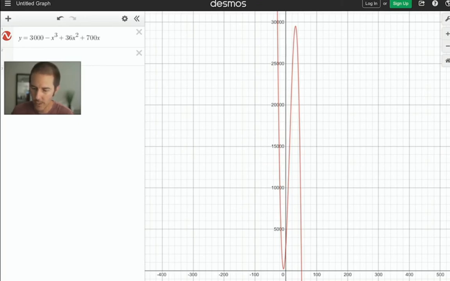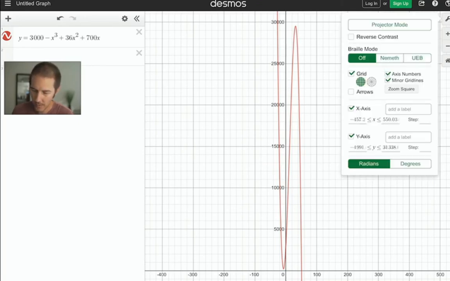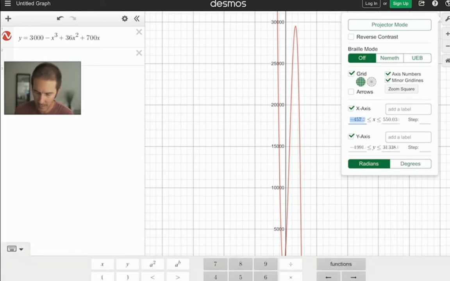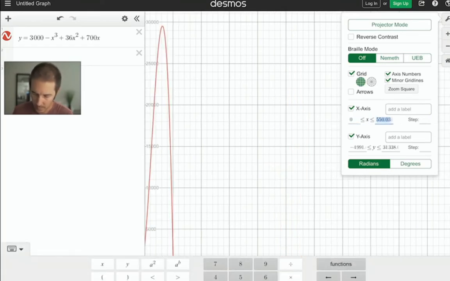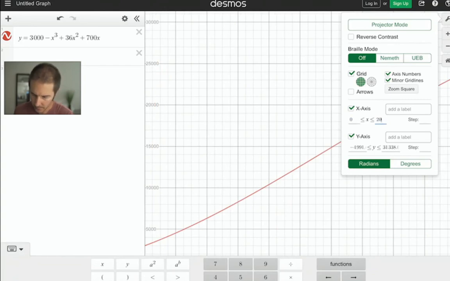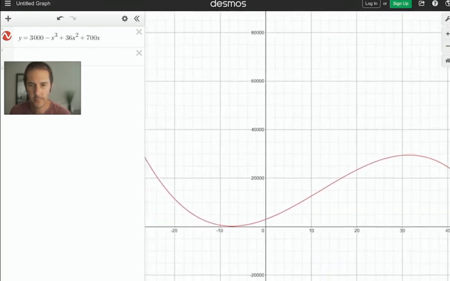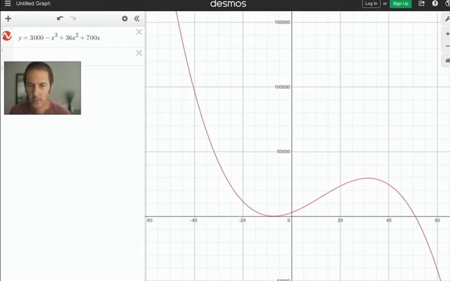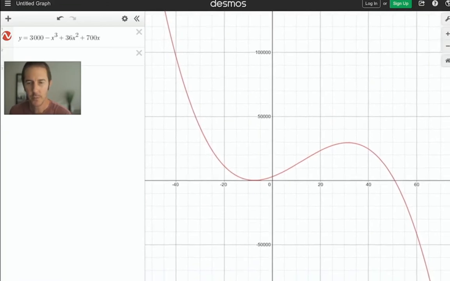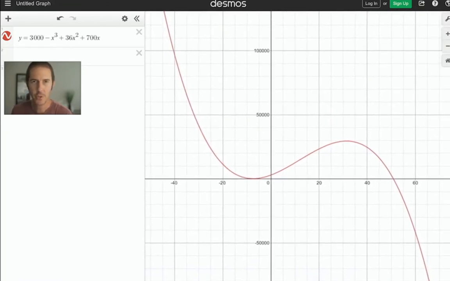I'm going to click on this wrench again in the top right corner, and I'm going to change my x values again to go from 0 to 20. Enter. Oh. All right, so you see what's happening to the shape of this graph? It's the same graph, I'm just changing the scale of the vertical and horizontal axis.